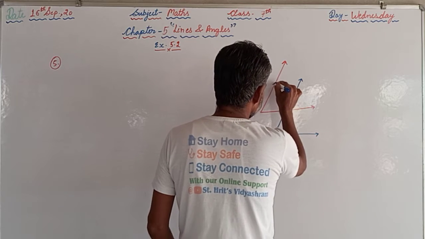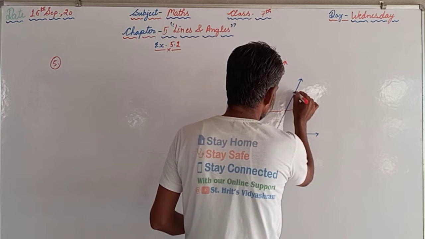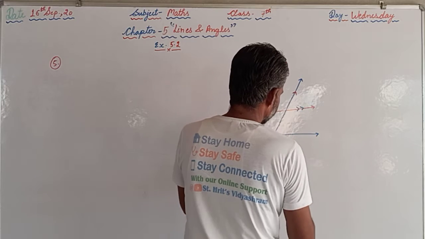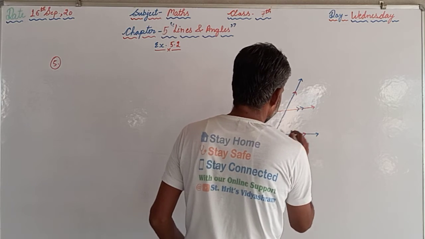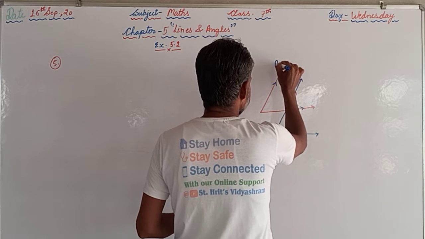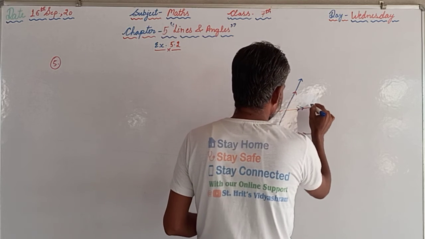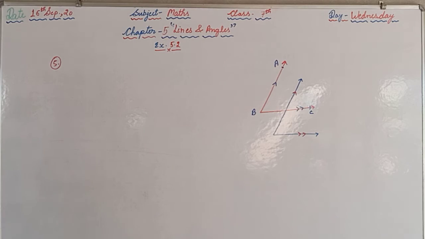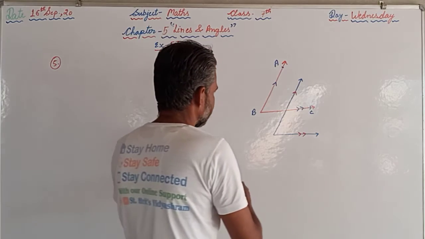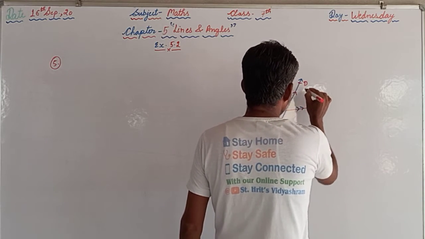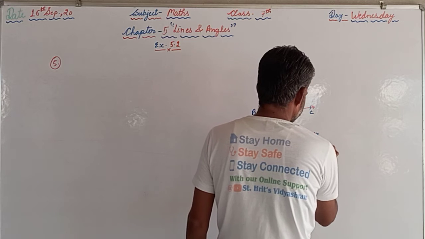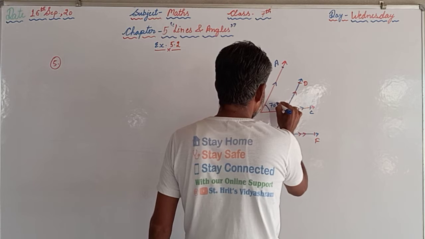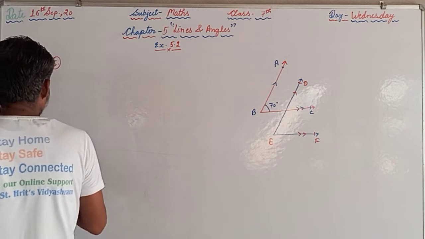This arm is parallel to this arm and this arm is parallel to this arm, and this is A, B and C, and the second angle is given, that is D, E and F, and that angle is given 70 degree. So what is given?